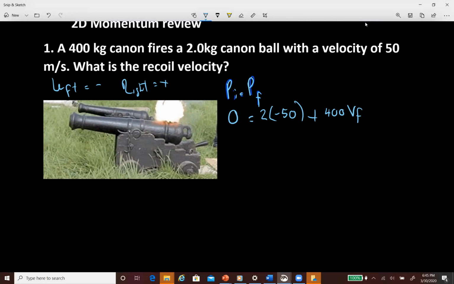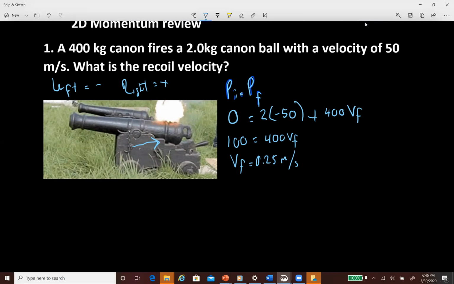Moving this over gives 100 equals 400 VF. So VF is 100 over 400, which is 1 over 4, or 0.25 meters per second. So if it fires the cannonball at that speed, this cannon will move back at 0.25 meters per second after that explosion.